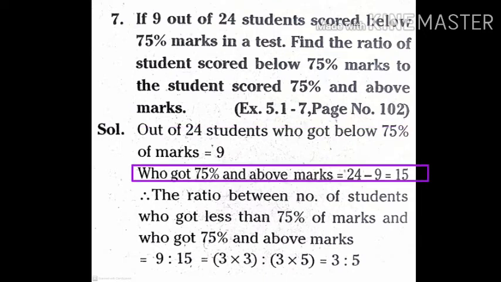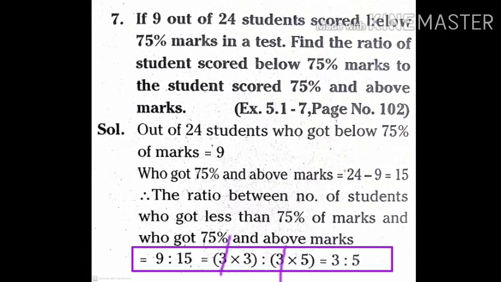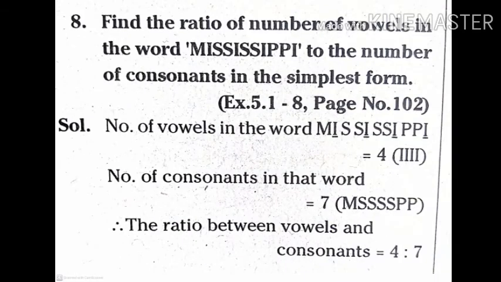Therefore, the number of students who got 75% and above marks is equal to 24 minus 9, that is 15. Therefore, the ratio is 9 is to 15. Here cancel with 3 table. 3 3s are 9, 3 5s are 15.